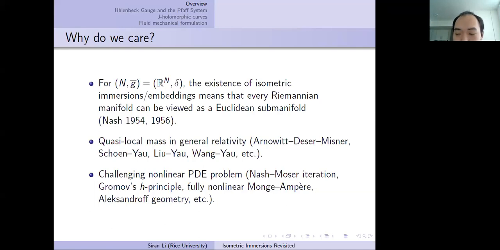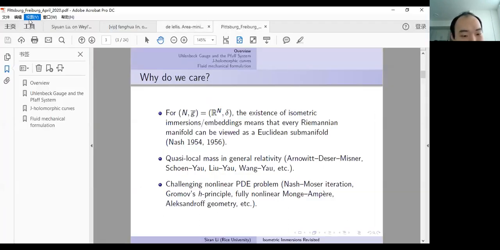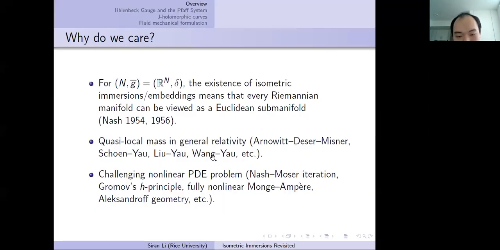And also from the analysis per se, it is a rather challenging nonlinear PDE problem. The study of isometric immersions also gives rise to various novel tools in the study of nonlinear PDEs.